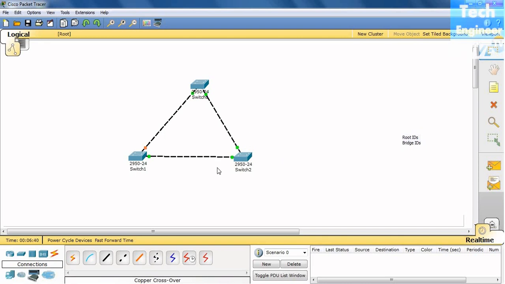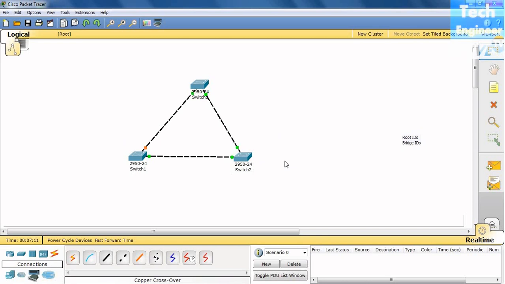If the combination value of this switch is less and the other switches' values are more, then this switch will be considered as the root because the value is less. Now, BIDs consist of bridge priority, extended system ID, and MAC address.